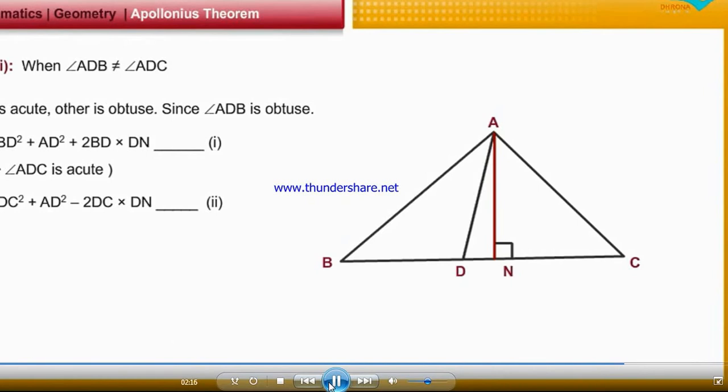Consider it as second equation. From the figure, we know that the BD is equal to DC. By adding first and second equations, we get AB square plus AC square is equal to 2DB square plus 2AD square. Therefore proved.